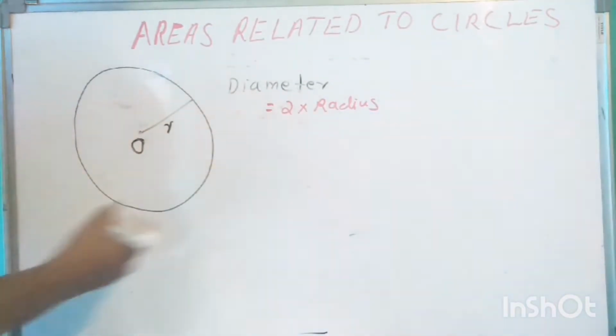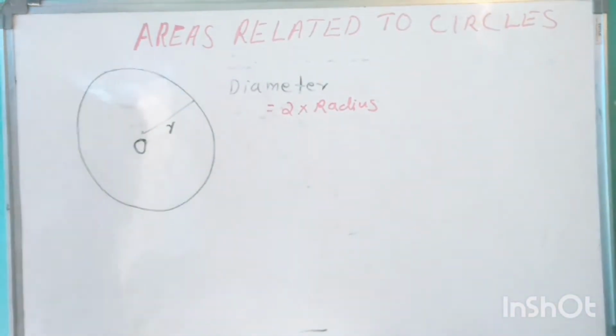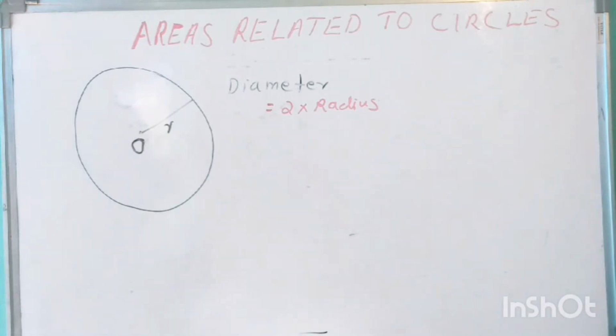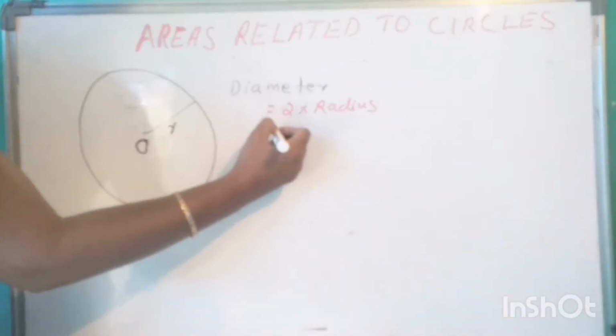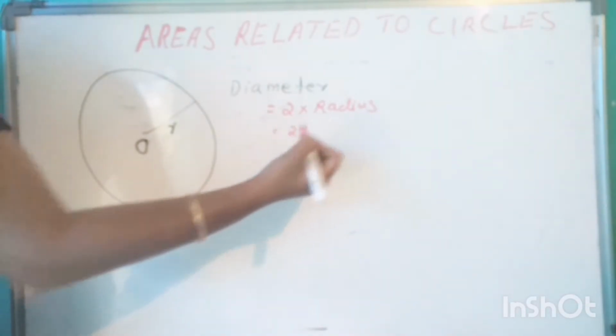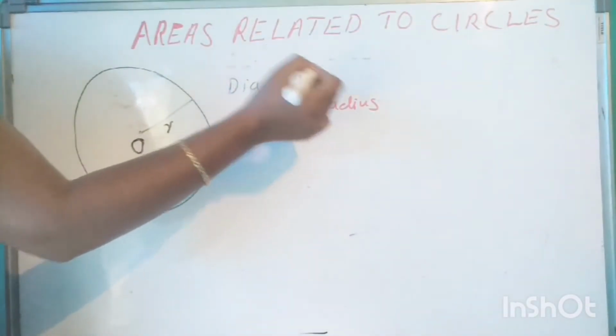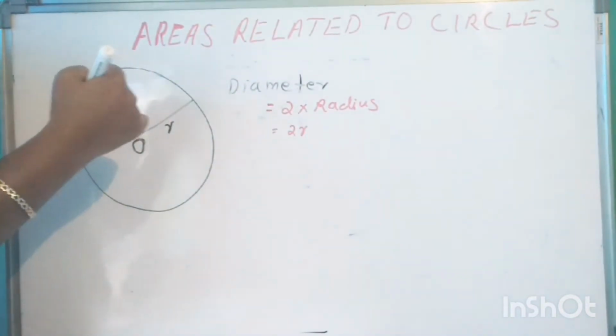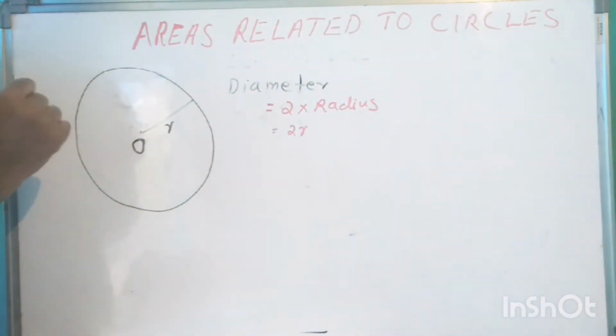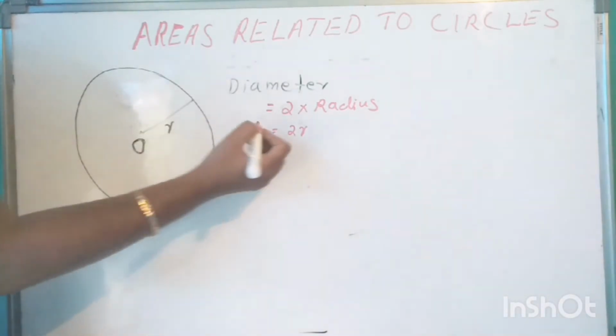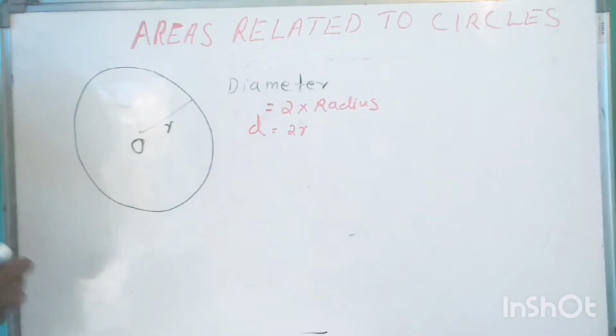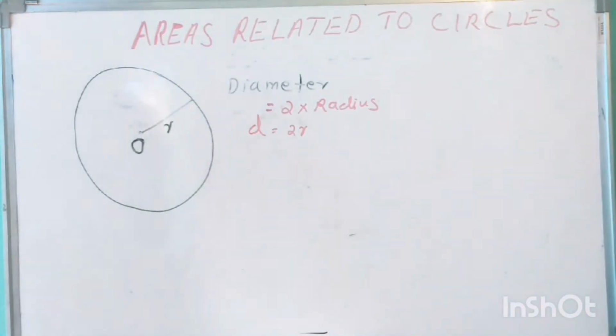Suppose this radius is small letter r. Always we will denote the radius by a small letter r usually. Then the diameter is equal to 2r. And diameter we will denote by d.